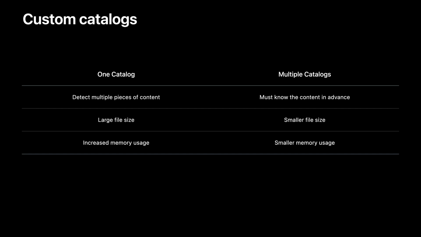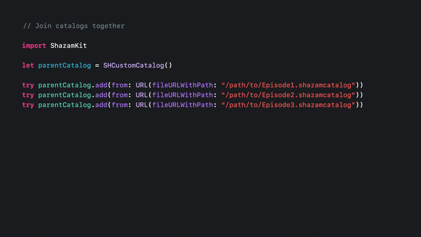Our advice is to keep the catalog files you create tightly focused. For example, a catalog per music track or the whole album, but not the artist's whole discography. Keeping things separate means that you can decide what to load at runtime. You can do that with the Custom Catalog Add API. Try it out and see if it helps with your use case.